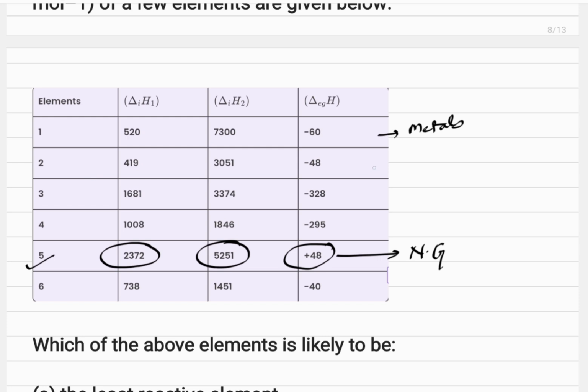Same is the case for the second element. So this is also going to be a metal. The next two elements have rather high negative values of electron gain enthalpy. That means they have to be non-metals. The sixth one has to be a metal. So now that we have classified these elements as metals, non-metals and noble gases, let's answer the rest of the questions.